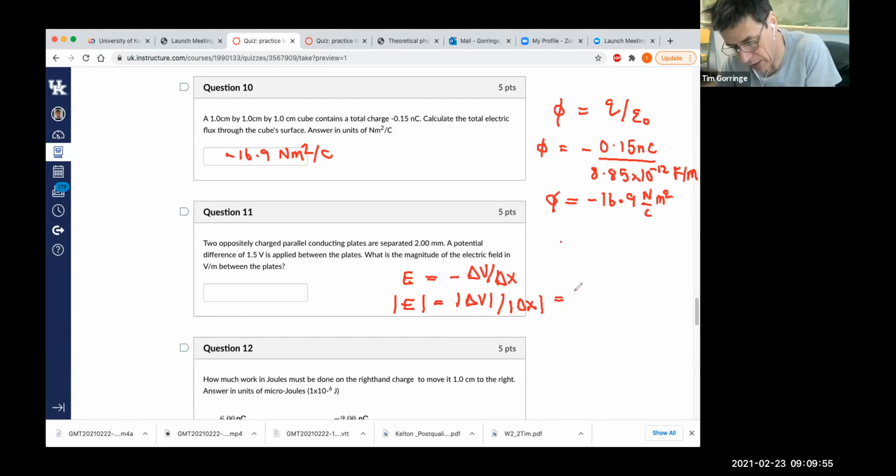So we got 1.5 volts divided by 2 millimeters, which is 0.002 meters. And if we divide those two numbers, I got 750 volts per meter as the electrical field between the plates. So the answer here is 750 volts per meter.